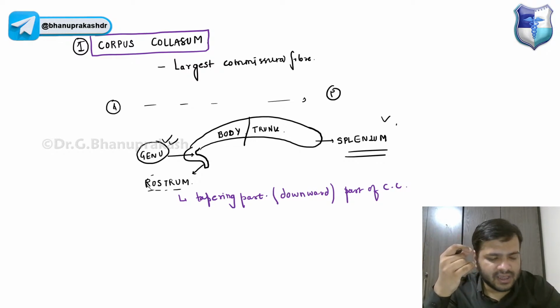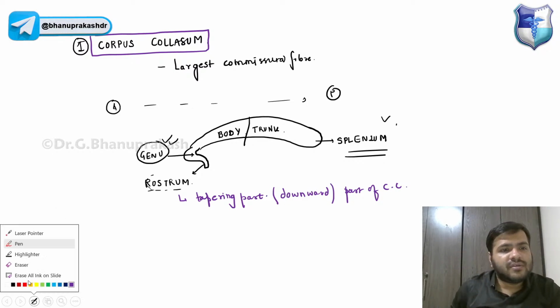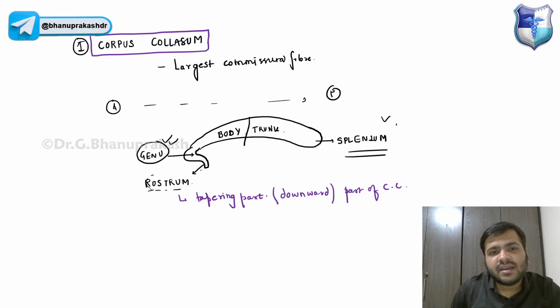Now guys, you already know this rostrum is basically connected. We have a fiber over here, and that is called the anterior commissure. Just below the rostrum, we have a band called the anterior commissure. It is just below the rostrum of the corpus callosum.